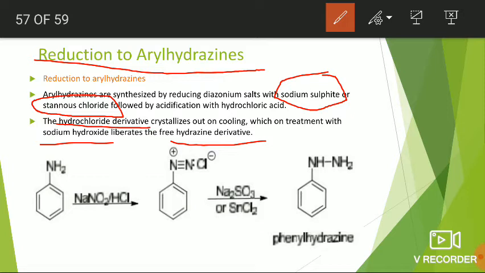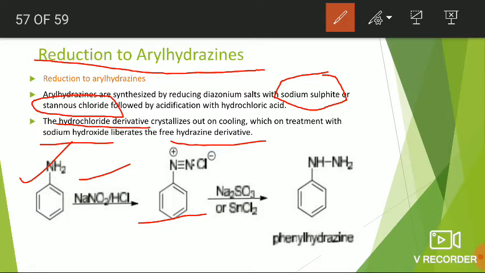If you observe the example here, aniline undergoes reaction with nitrous acid, that is diazotization of aniline, and produces benzene diazonium chloride.